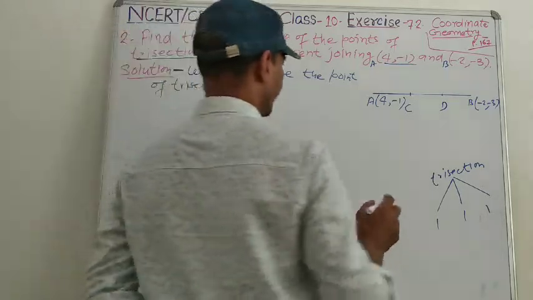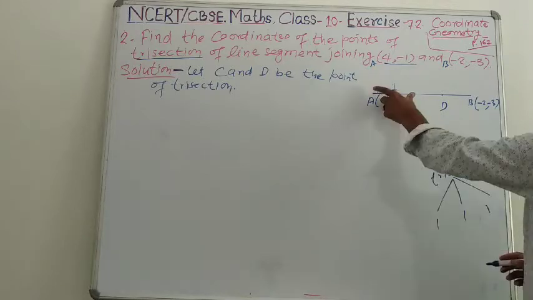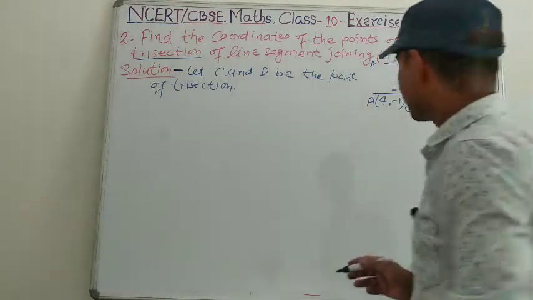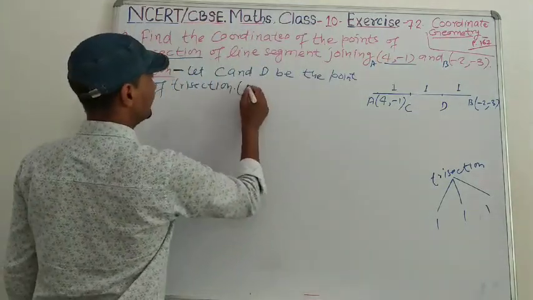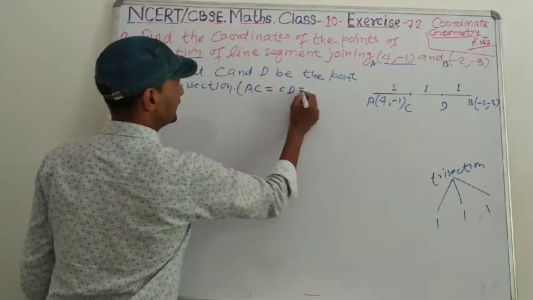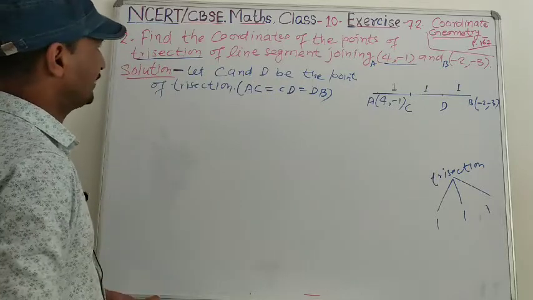Now see here, this is the first part, A to C is 1, C to D is 1, D to B is 1. That means trisection actually means all three parts must be equal, like AC equal to CD equal to DB, all must be the same. So we can say it is trisection.